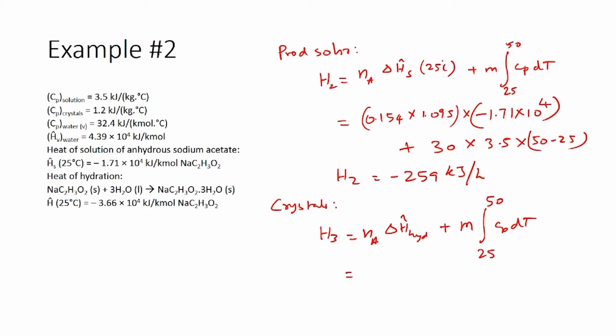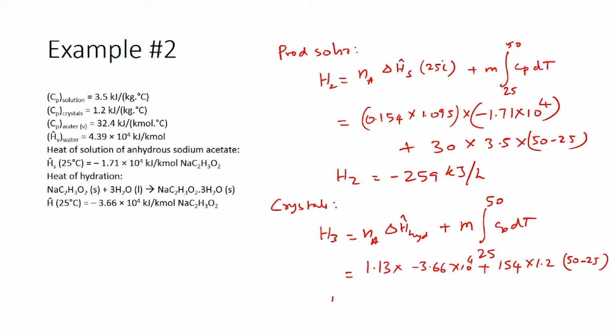This would be the number of moles of sodium acetate in the crystals which is leaving, 1.13 kilomoles, times the enthalpy of hydration, which is minus 3.66 times 10 power 4, plus the mass flow rate of the stream of crystals, which is 154, times Cp of the crystals, which is given as 1.2, times the change in temperature, 50 minus 25.